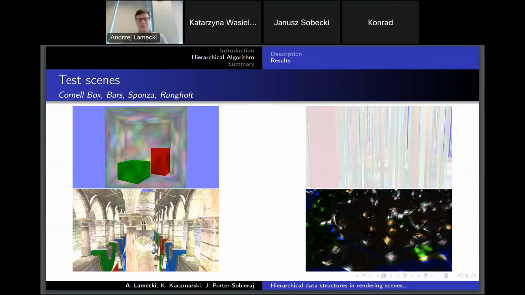The complexity of the scenes varied from about 30 triangles in case of the Cornell box scene to about 6.7 million triangles in the Rungholt scene. And the number of lights ranged from about 2,000 lights on the Cornell box scene to 1 million lights on the Rungholt scene.